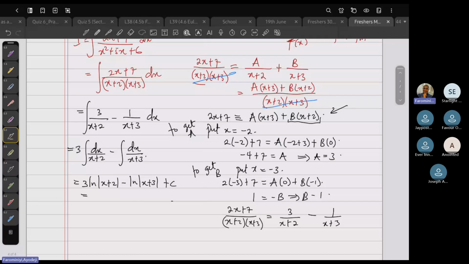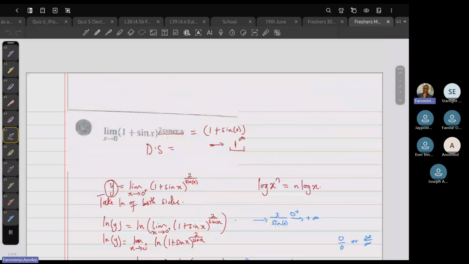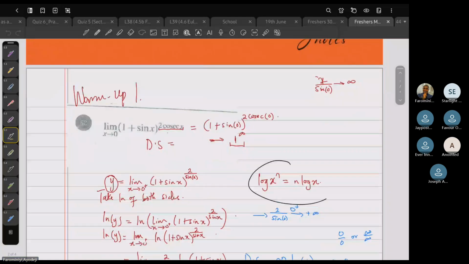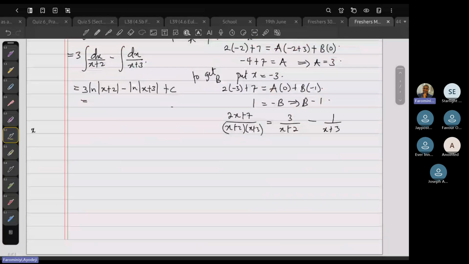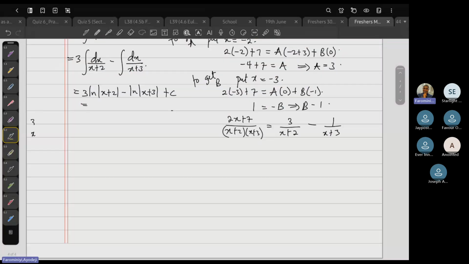So we know that n log x is equal to log x to the power of n. So it means that 3 log of x plus 2 is also equal to log of x plus 2 cubed, minus log of x plus 3.